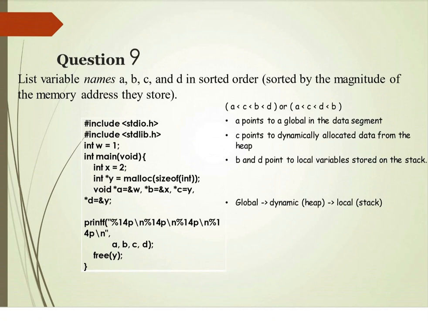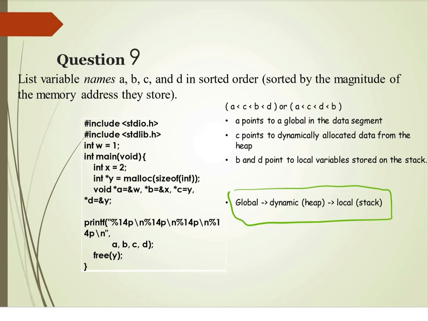It says, list variable names a, b, c, and d in a sorted order, sorted by the magnitude of the memory address they store. As a general rule, we know that variables will be stored in memory in the order of first global variables, then dynamic variables or heap, and then local variables or stack.